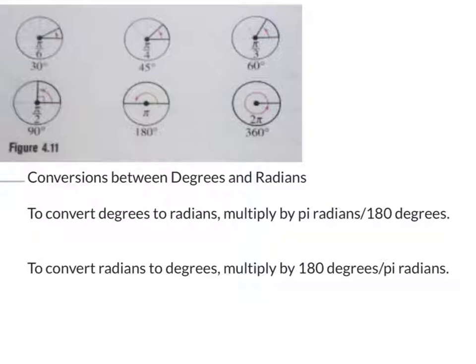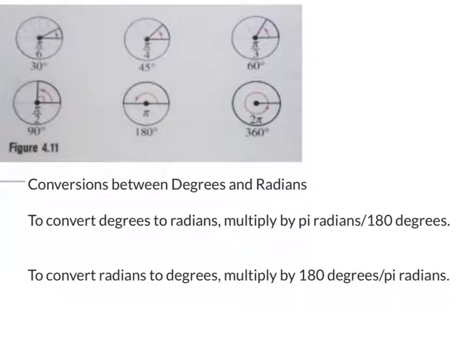All right, so the way that we convert degrees to radians is you multiply by pi radians over 180 degrees. I'm going to write this as a fraction so that we understand. So we would multiply by pi radians over 180 degrees, if we're trying to go from degrees to radians.